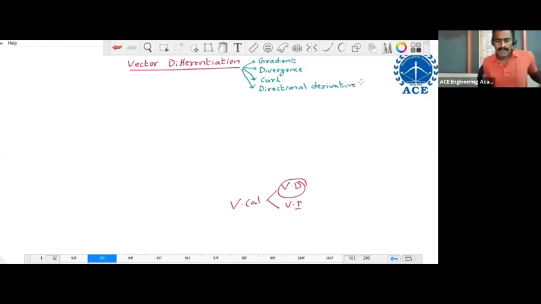In this vector differentiation, we will discuss mainly three quantities: gradient, divergence, and curl. Along with these, we will discuss directional derivative also, in short form DD. Then we go to vector integration because we require all this for the integration part.